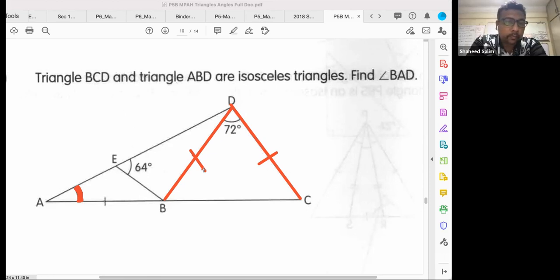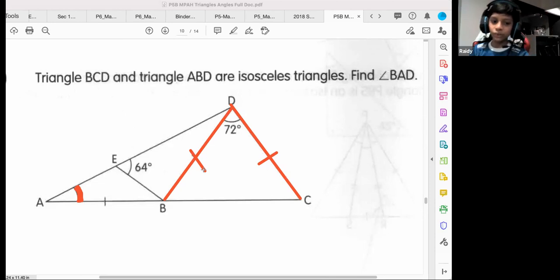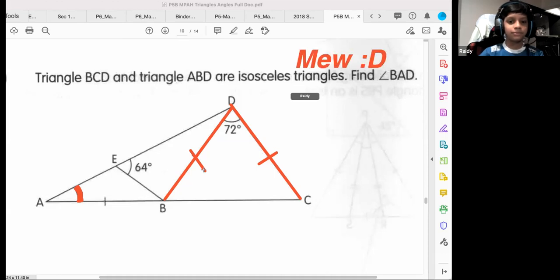A, B, D. It's quite a tricky one, huh? It's a trick because I think you need to find E, but you don't. It's quite a tricky one.